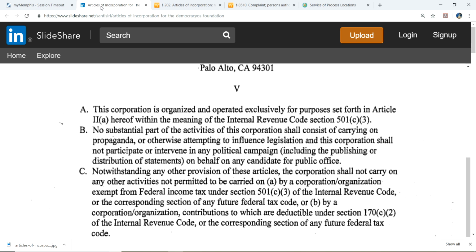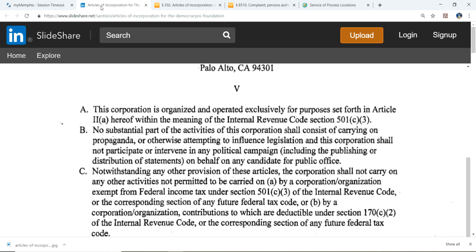And Section C, notwithstanding any other provisions of these articles, the corporation shall not carry on any other activities not permitted to be carried on A, by a corporation exempt from federal income tax under Section 501(c)(3) of the Internal Revenue Code or the corresponding section of any future federal tax code, or B, by any corporation contributions to which are deductible under Section 170(c)(2) of the Internal Revenue Code or the corresponding section of any future federal tax code.